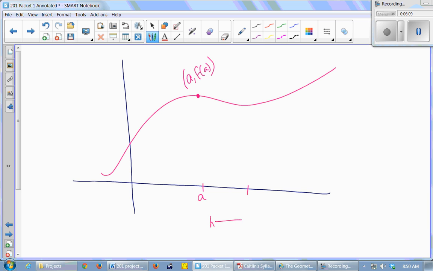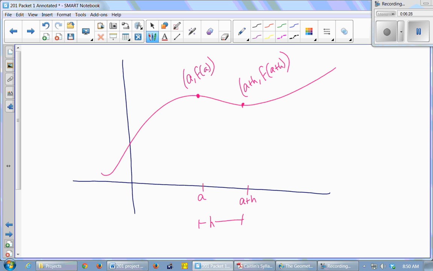This is the distance h, which means that this point right here is A plus h. So this point on my graph is A plus h, comma, f of A plus h.